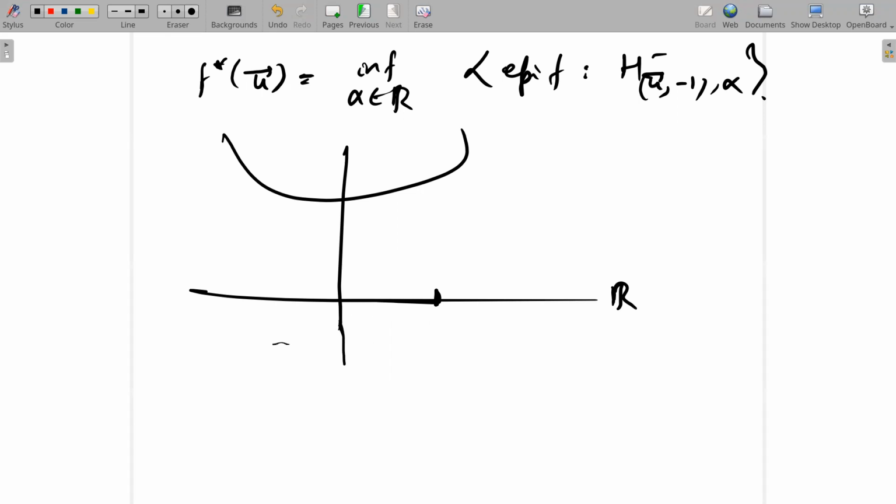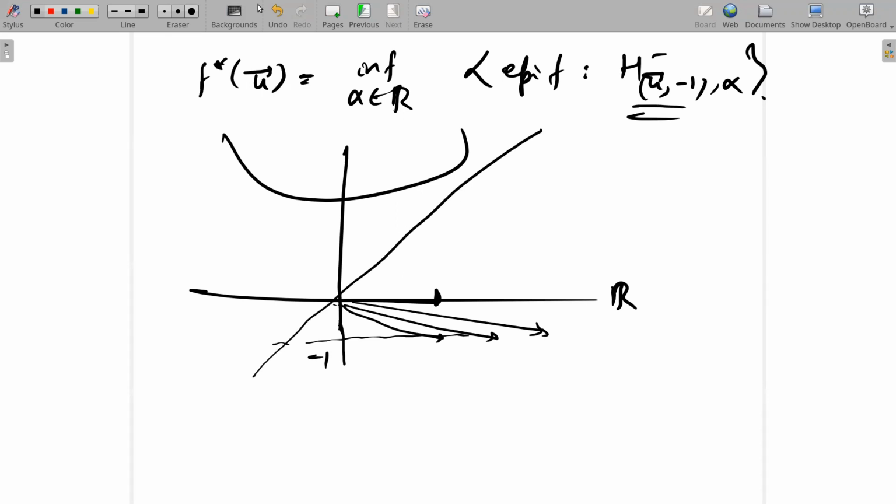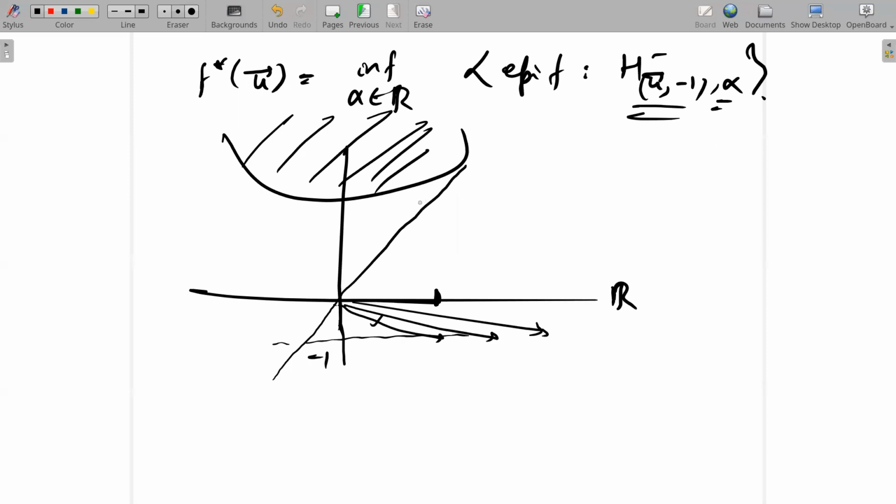So u, minus 1, I'm fixing this number minus 1. These are the vectors you're really considering. And the normal to this will look something like this. And remember, alpha is always the offset. So if this is the epigraph of f, by how much should I offset? What is the smallest offset? If I go all the way here, of course, that offset will also contain the epigraph. It's just talking about the smallest, the smallest supporting half space.